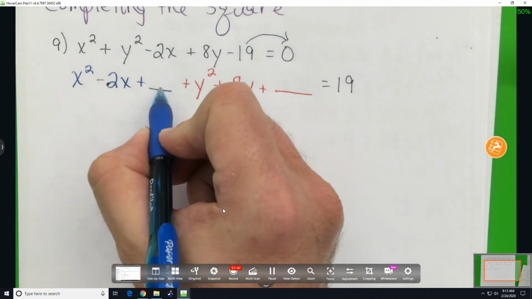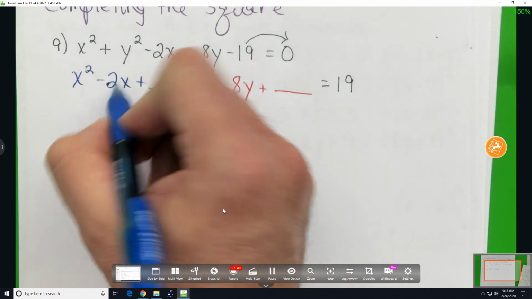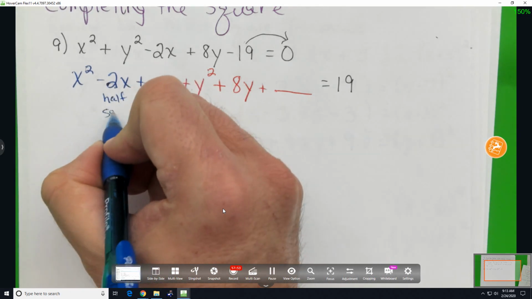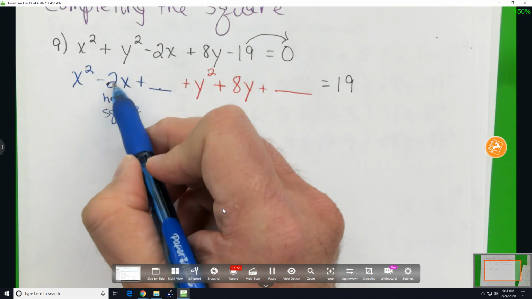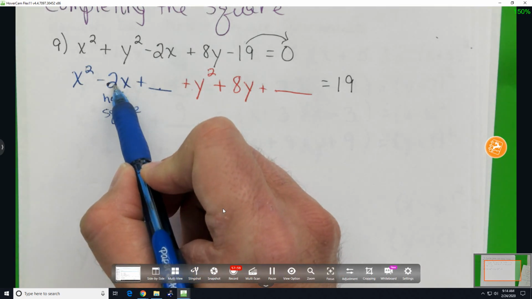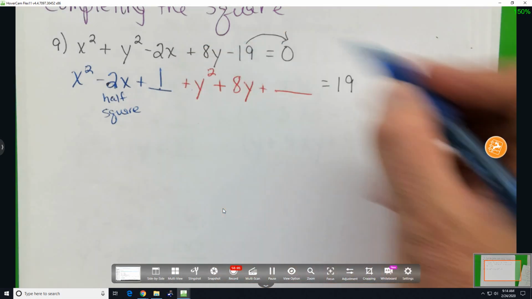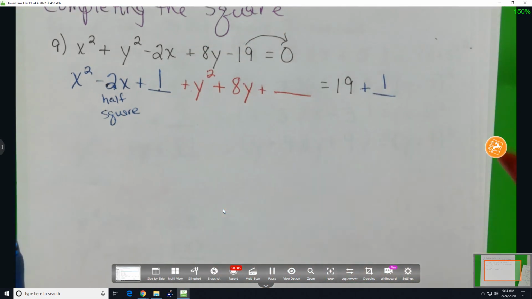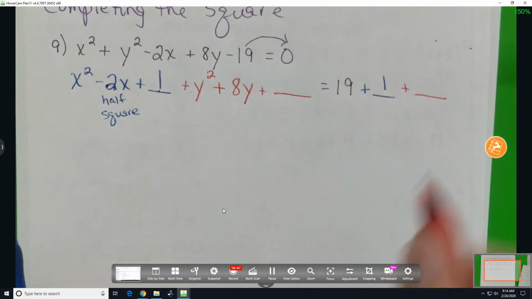How do we figure out the number that goes here? You take half of that number and then square it. Half of 2 is 1. 1 squared is 1. Oh, and I should have put a plus blank over here, because whatever number I add to the left, I've got to add to the right if I'm going to keep this thing equal.